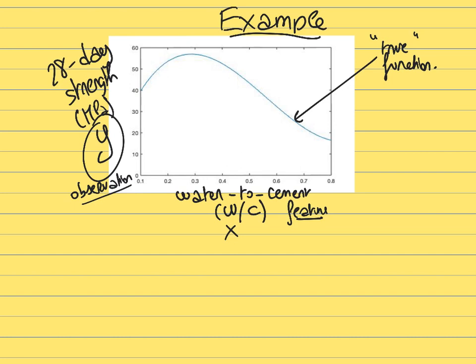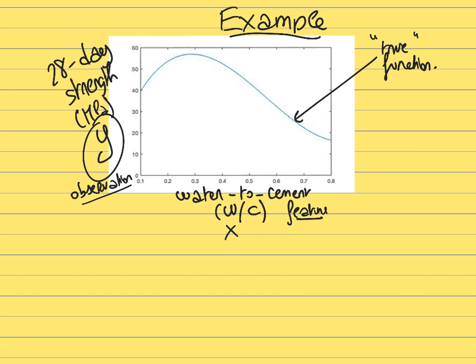So in real life, you can never measure this true function, this true blue line, which would be the true perfect relationship between the water to cement ratio and the strength of the concrete. This is something that cannot be accessed in real life because you can never make a measurement that is 100% accurate.